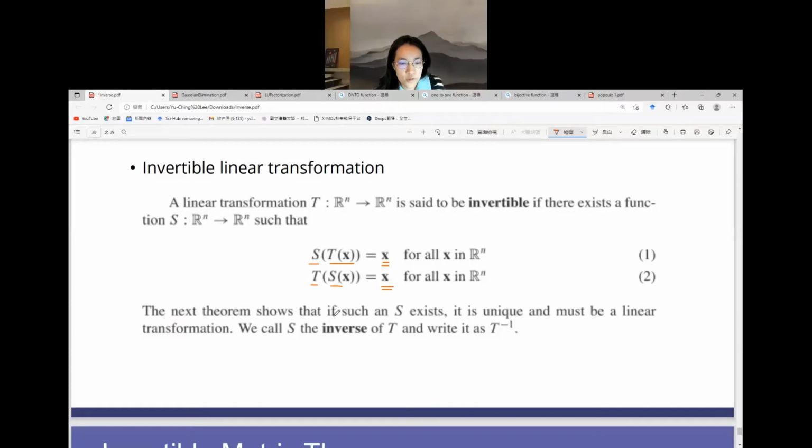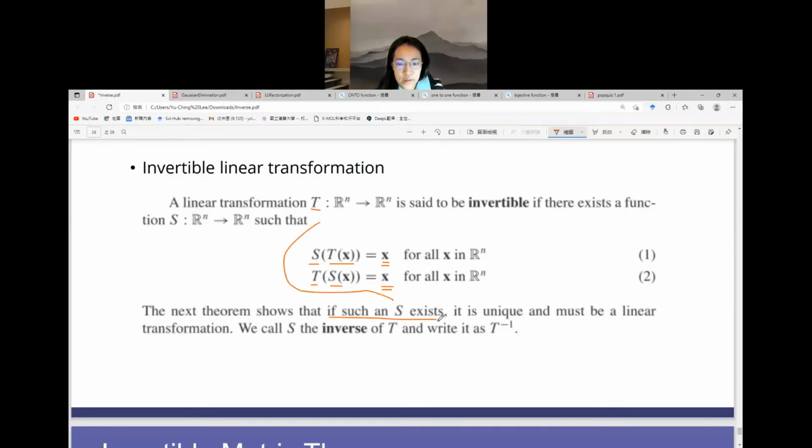So if such an S exists, T and S are like a pair, T 和 S 是成对出现的, so that you can take function S upon T function, and then take T function upon S, and both of them can undo the other, and then retrieve the x vector. So this is a pair. 它们是一对的.